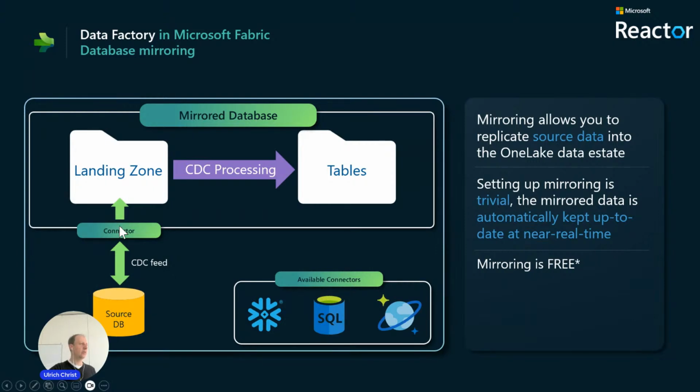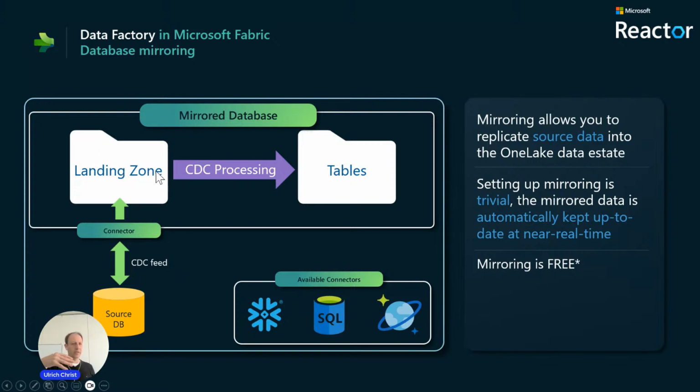So basically, when this connector reaches out to the source at first, it will get an initial snapshot of the data and land this initial snapshot in a landing zone, right? Later on, the connector will know, okay, I've done the initial snapshot, so from now on, I'm basically going to fetch change data, only the incremental changes which have happened since the initial snapshot, fetch these changes, and again land them in the landing zone.